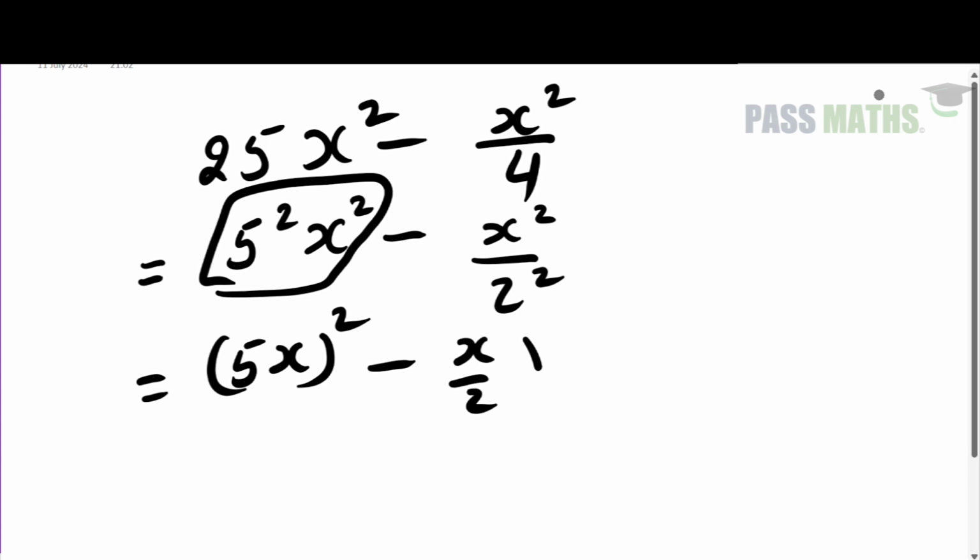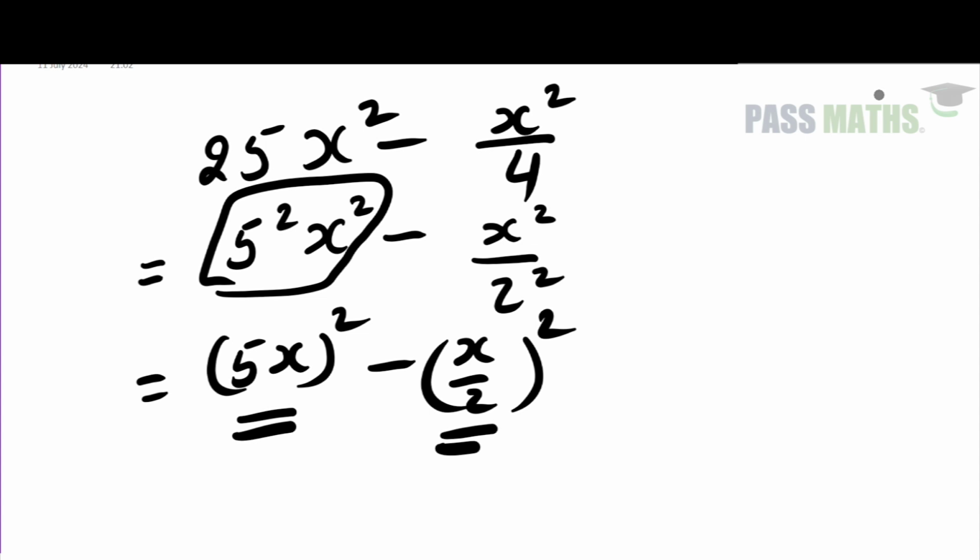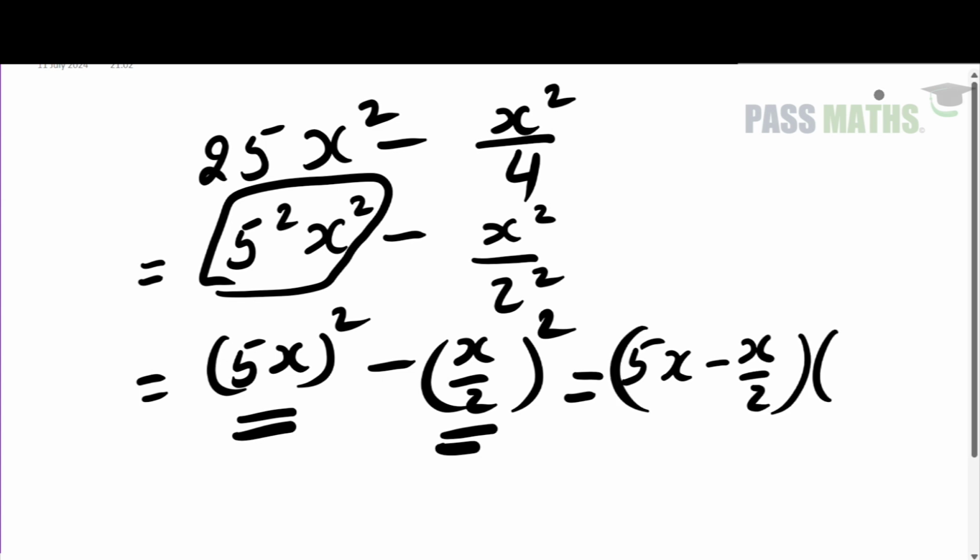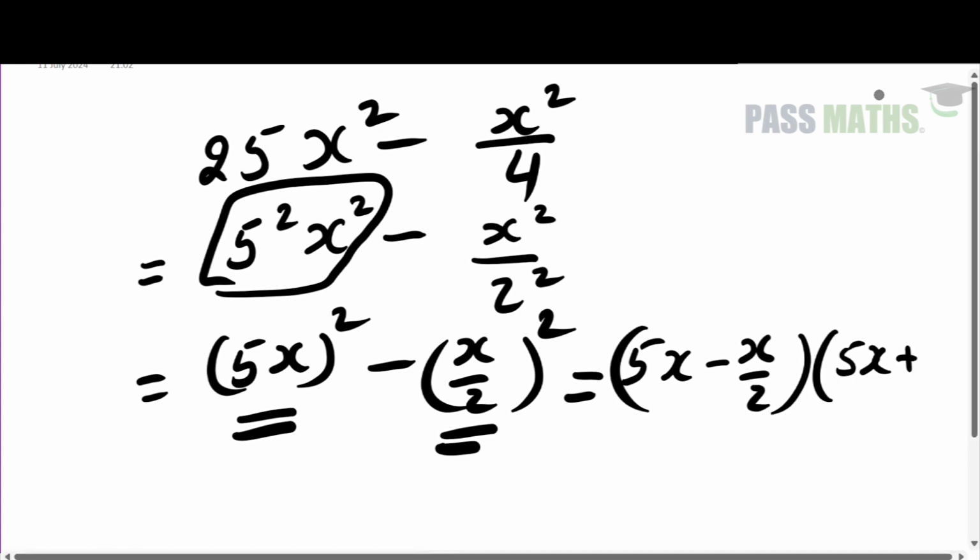Minus x over 2 whole squared like this. Make sure your bracket goes to the denominator as well. Then now it's the difference of 2 squares, this and this. So we can write it as 5x minus x over 2, 5x plus x over 2. Done. That's your solid grade 6 question.